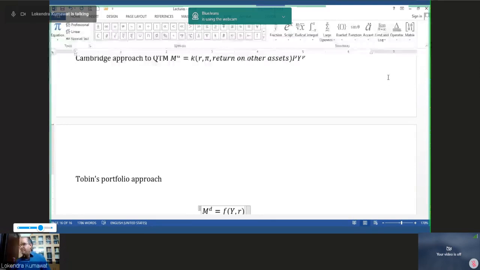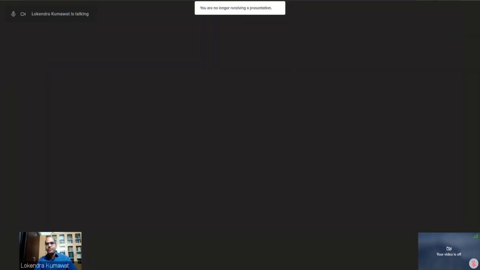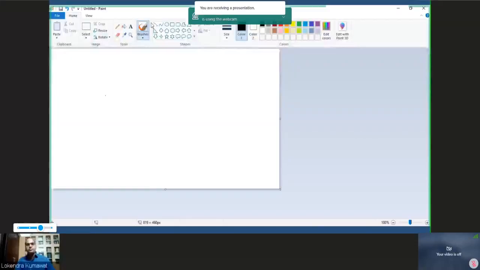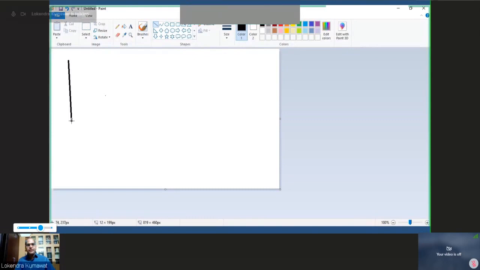That is one major conclusion that comes out of almost every theory, which means if you draw money demand against rate of interest, you will get a negatively sloped money demand curve. Here I am measuring rate of interest, R, and here I am measuring money.